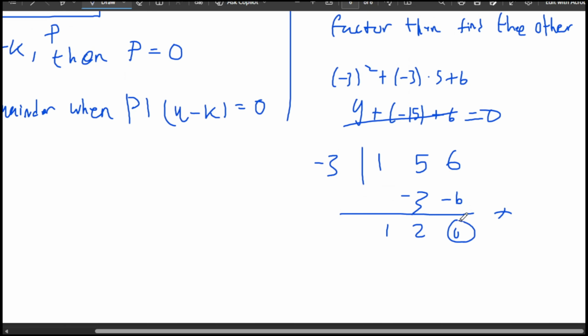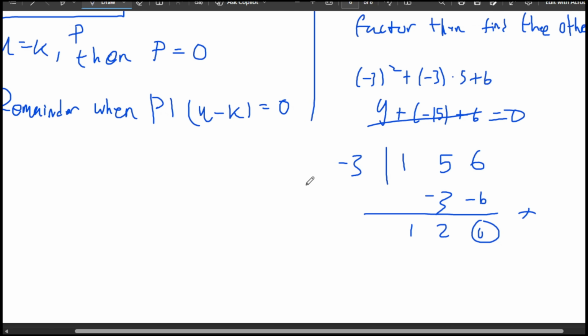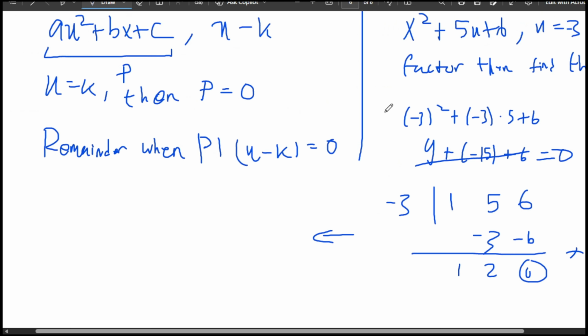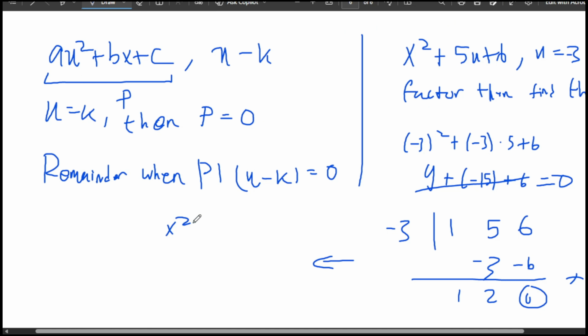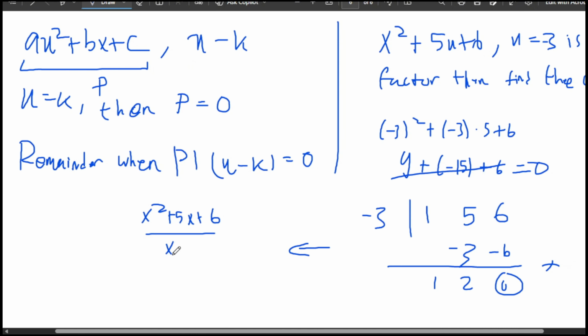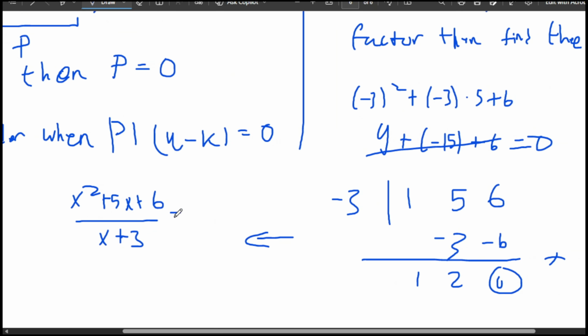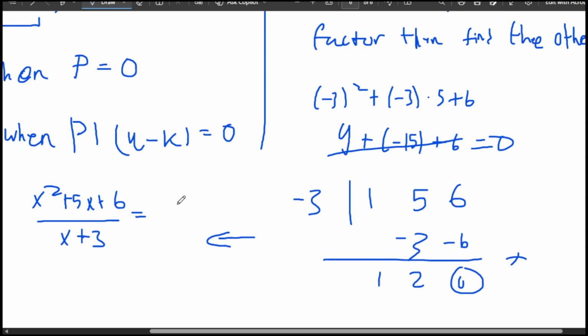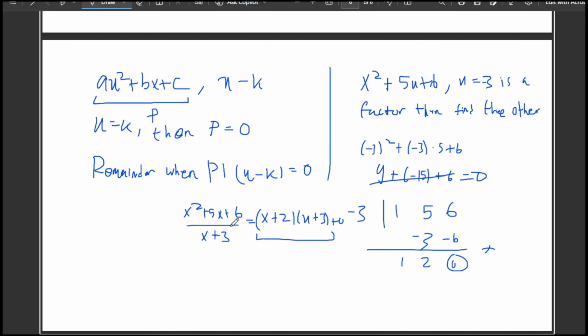So yeah, the remainder is 0. So our x squared plus 5x plus 6 over x plus 3 equals x plus 2, times x plus 3 and add 0. So this is our factorized form.